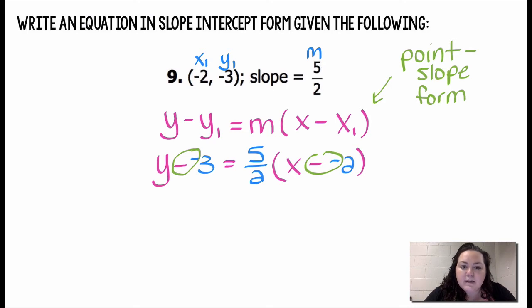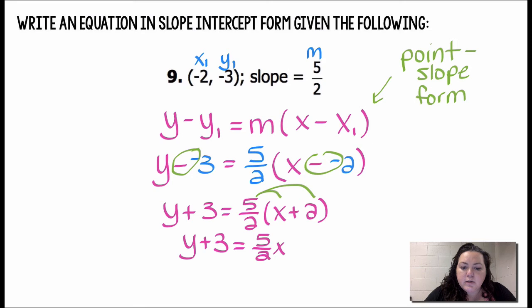When I have a minus and negative, those are going to turn into positives. Then I'm going to distribute the 5/2. So I get y plus 3 equals 5/2 x, plus, 5 times 2 is 10, divided by 2 is 5. I want to get y by itself, so I'm going to subtract the 3. And I get y equals 5/2 x plus 2.